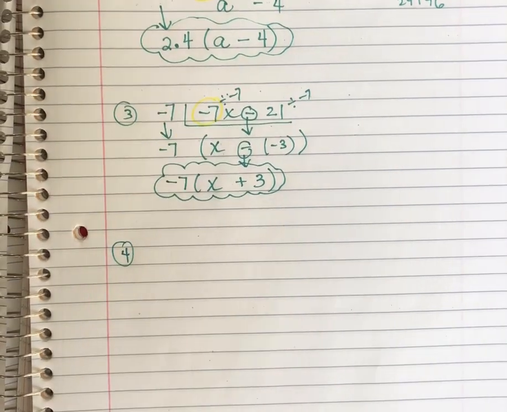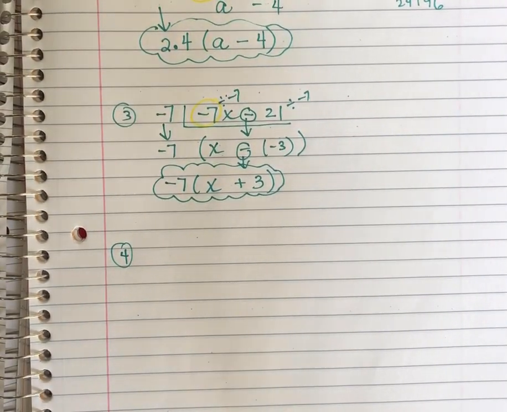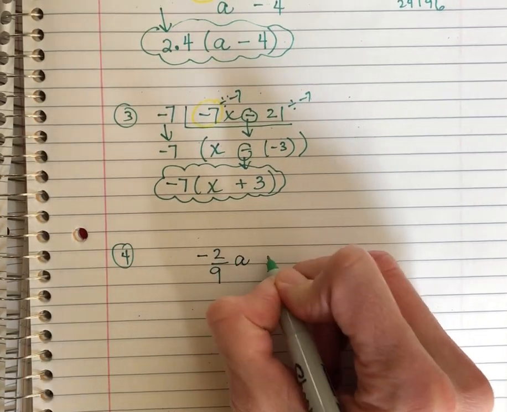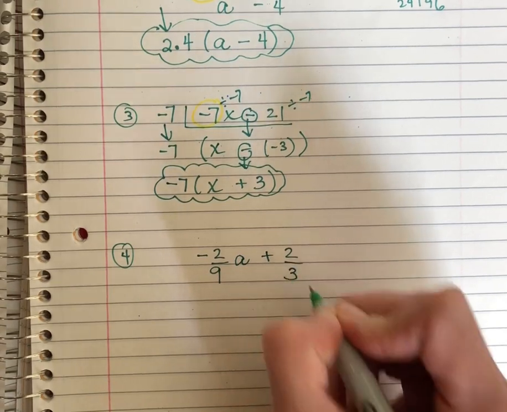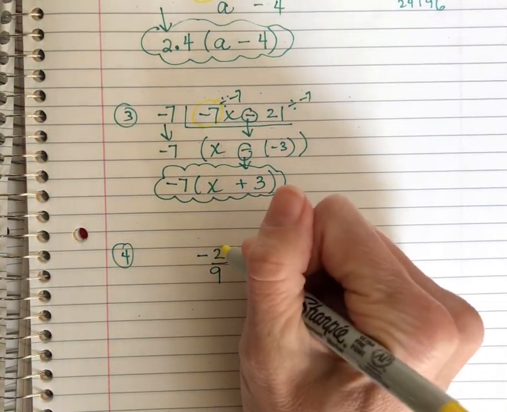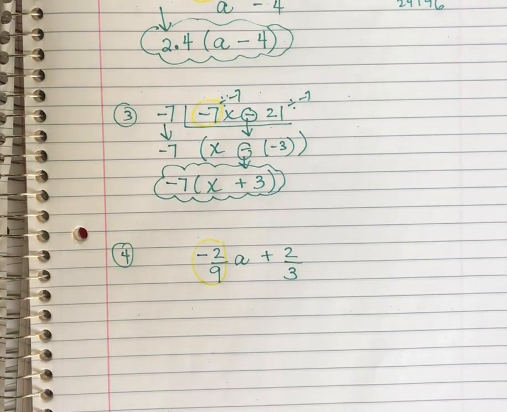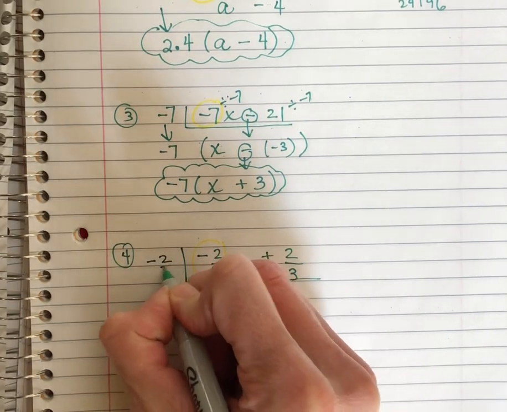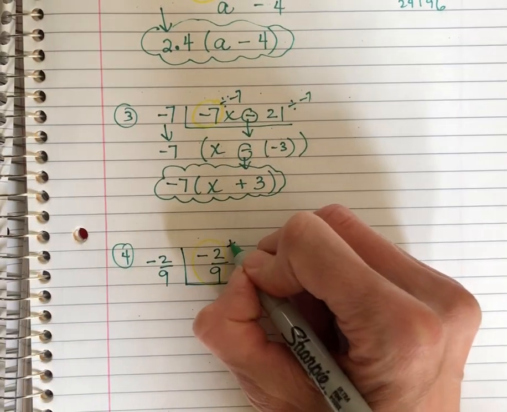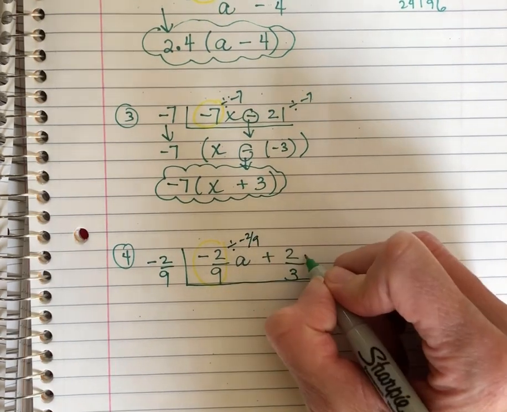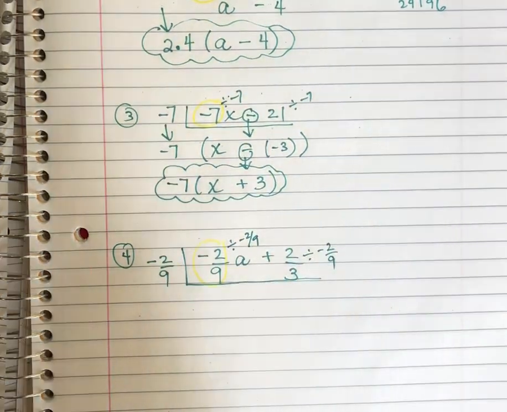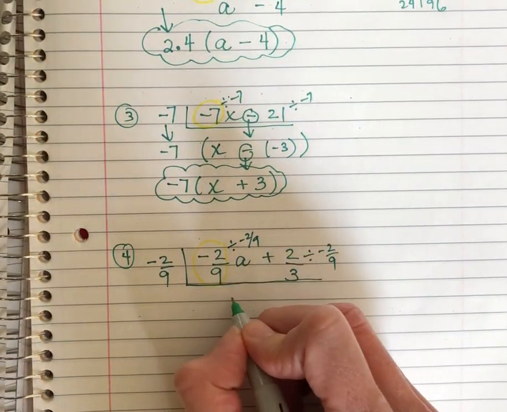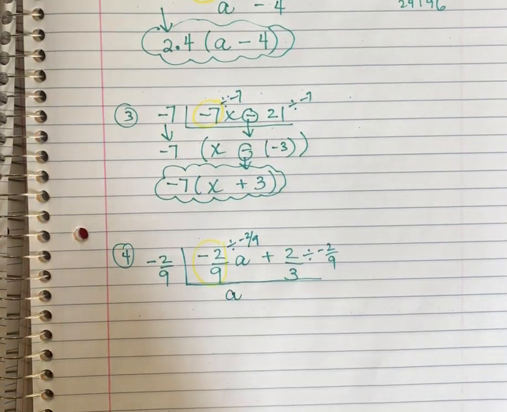Okay, last one we're gonna show together. We're gonna show a negative and a fraction. So negative 2/9 a plus 2/3. We're factoring out the coefficient, which is negative 2/9. So we're gonna show the coefficient is what we're dividing by, and show it here. Divide negative 2/9, divide negative 2/9. Well, these two will divide out to 1, or 1a. You can write it as just a.